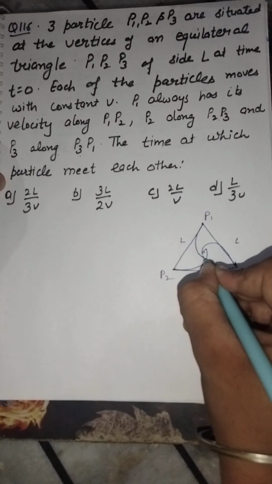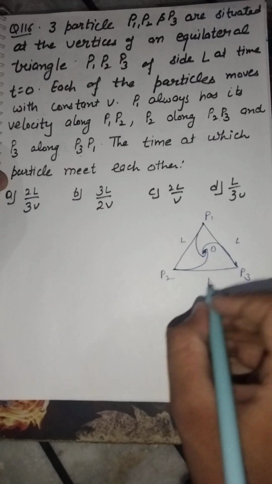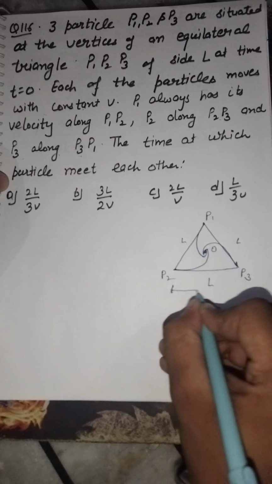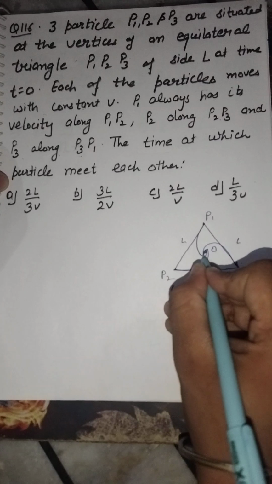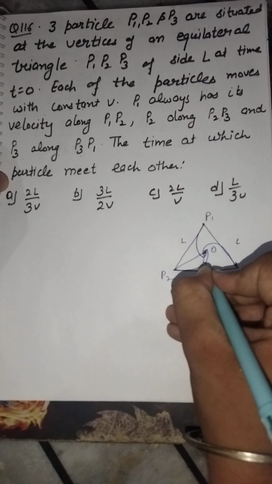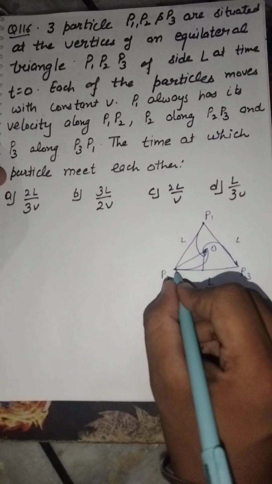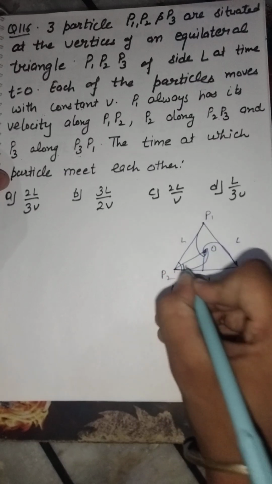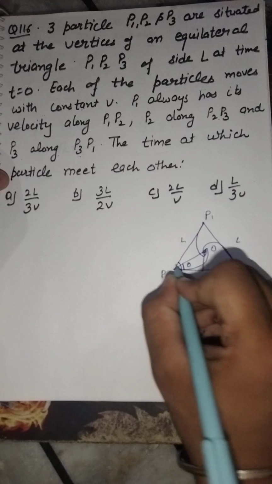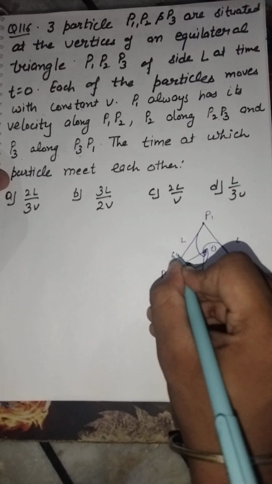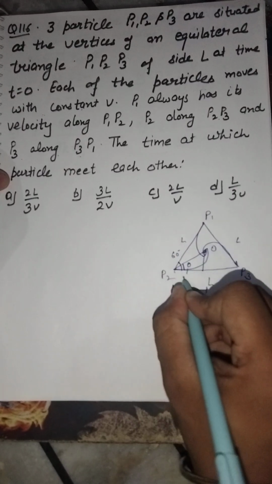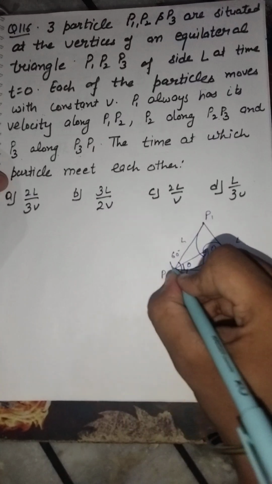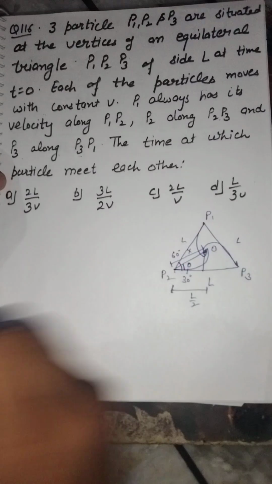So all the particles meet at point O. The length of this is L by 2. If this is an equilateral triangle, then this total angle is 60 degrees, and this angle is 30 degrees, and this side is x.